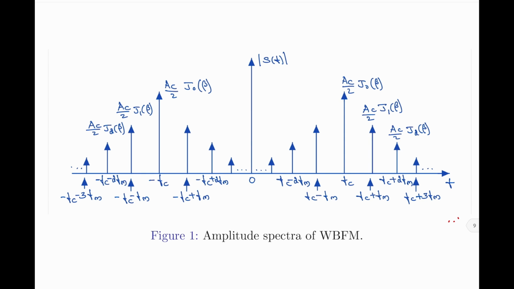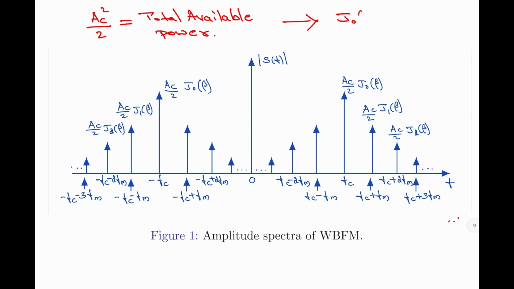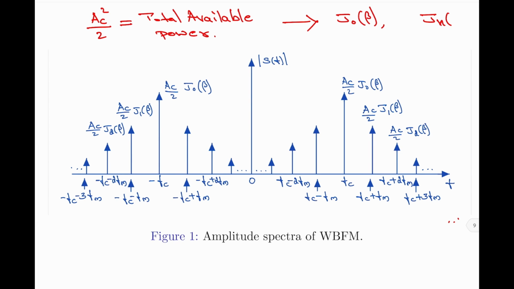The next important observation comes in the form of power. Now, we should note the total available power for the frequency modulated signal is given by AC square divided by 2. Out of this total available power, the power that is carried by the carrier is dependent upon the value of J naught of beta, and the power that is carried by the sidebands depends upon the value of Jn of beta.